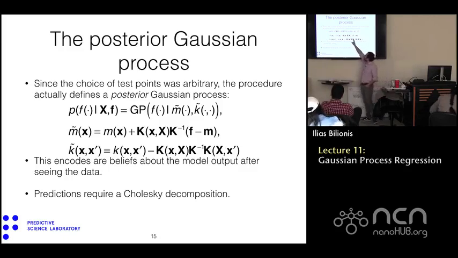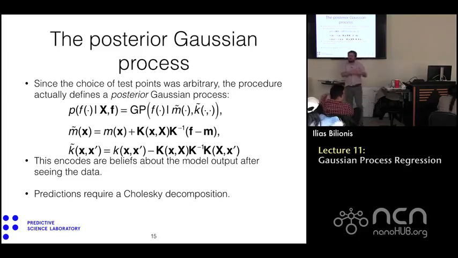No. This is the prior covariance matrix. This is the covariance matrix on just the observed inputs. Everything here is observed. This is basically K of capital X inverse. So it's the covariance matrix evaluated on all pairwise combinations of your observed data. This is what it is. So everything here is observed.